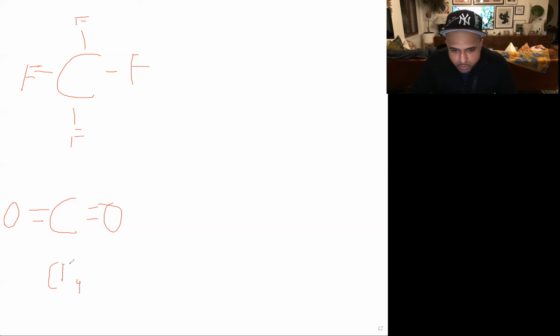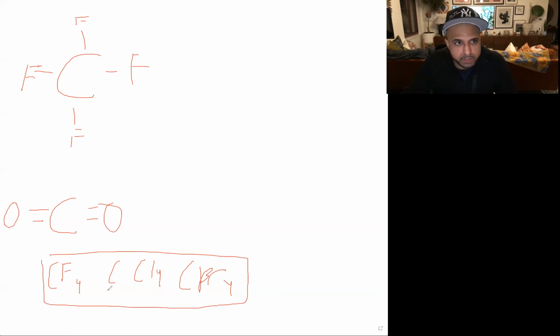So it could be CF4, it could be CCl4, it could be CBr4. You could also technically have CI4, but they won't do that because CI looks like Cl. But you should recognize that carbon with 4 elements around it will always be non-polar because the atoms are equally distributed up, down, left, and right. So there'll be no poles, right?